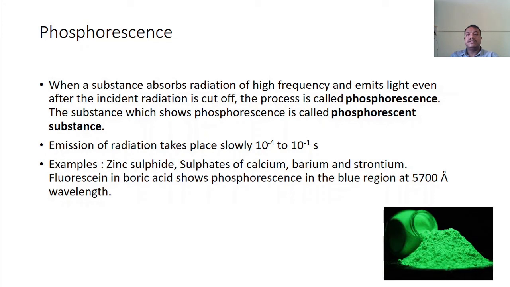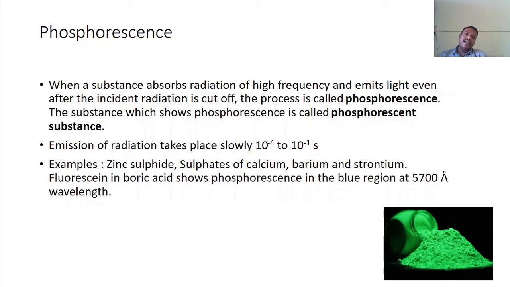Next, phosphorescence. When a substance absorbs radiation of high frequency and emits light even after the incident radiation is cut off, the process is called phosphorescence. The substance is called a phosphorescent substance. Emission of radiation takes place slowly, from 10 to the power of minus 4 to 10 to the power of minus 1 second.